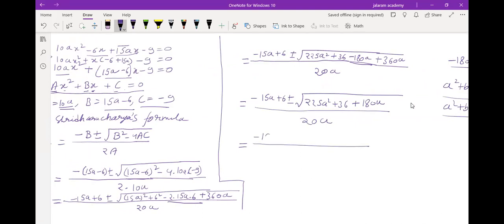So what is inside the square root? Before squaring, it was 15a minus 6, in which minus 2ab was minus 180a, but it is now plus 180a. So we can convert it again to a perfect square: 225a square, that is 15a whole square, plus 6 square, plus this 180a, which is 2 into 15a into 6.